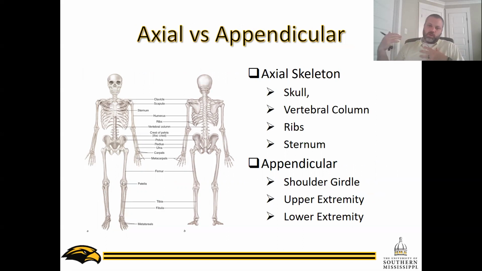When we move outward to the shoulder girdle, so when we start talking about things like the scapula, the sternoclavicular joint, the clavicle or your collarbone, moving out to the acromioclavicular or AC joint, or your humerus and the glenohumeral joint at the shoulder, that's going to be appendicular. And then everything off of that, so the extremities, are going to be appendicular, where everything else that's running in the center would be part of the axial skeleton.